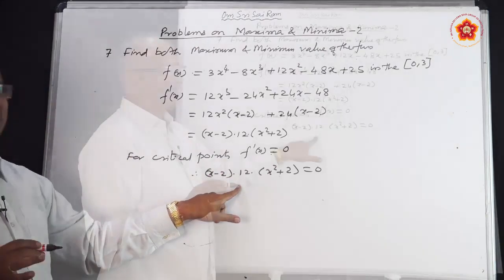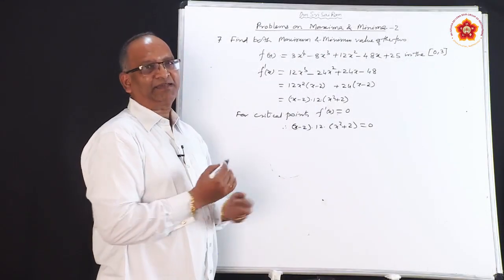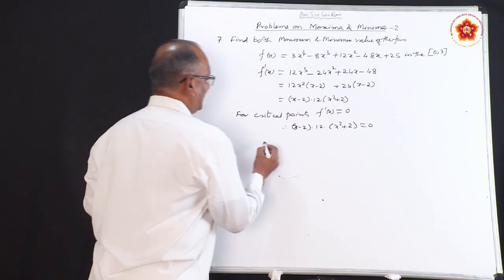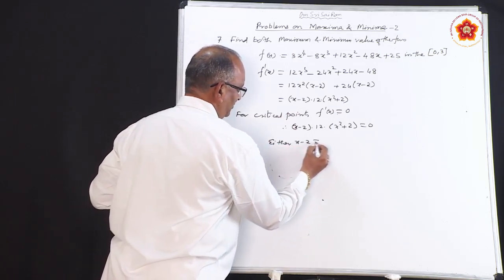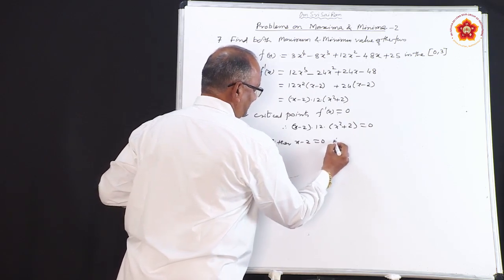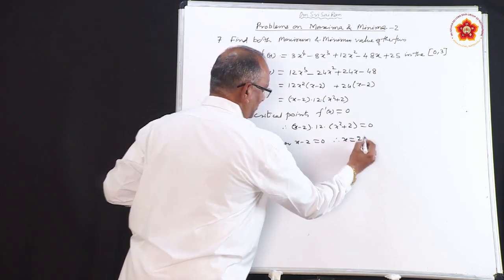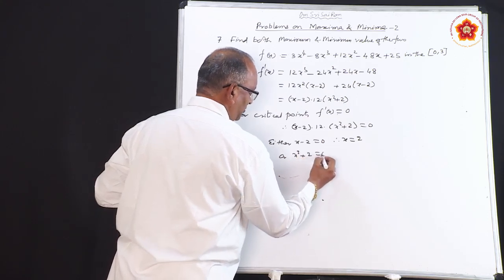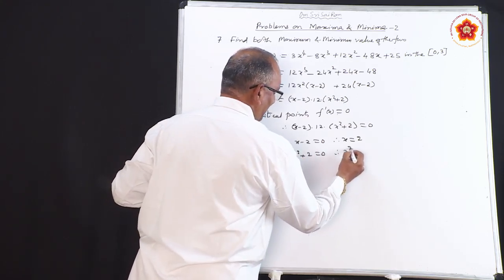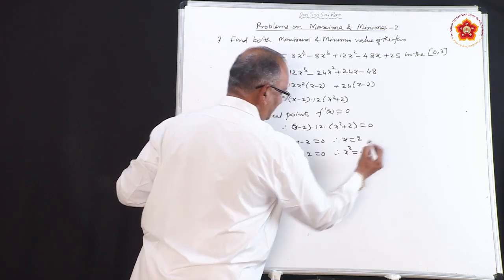So, leave 12 aside, only the factors can be 0. So, either x minus 2 equal to 0, in that case we get x equal to 2, or x square plus 2 equal to 0, which will give you x square equal to minus 2.